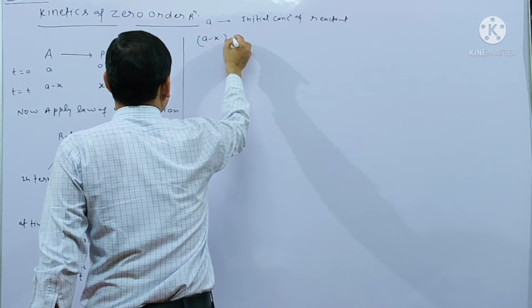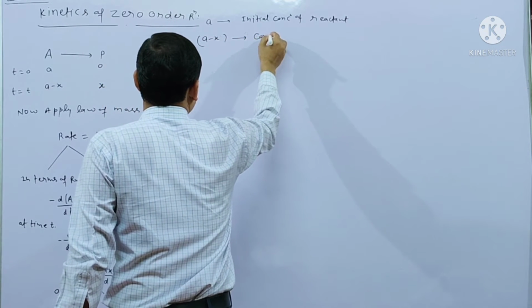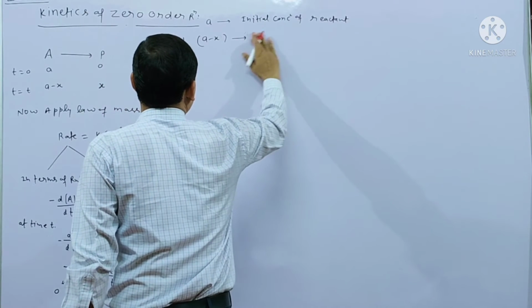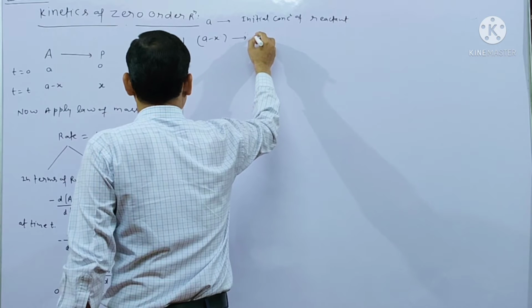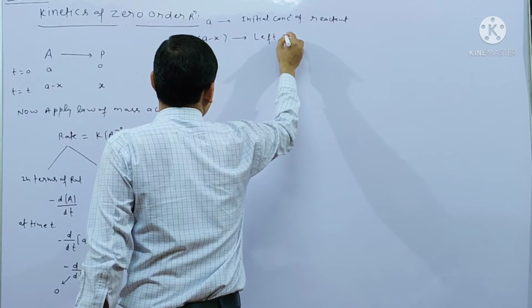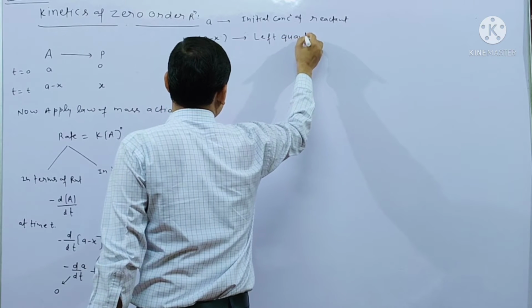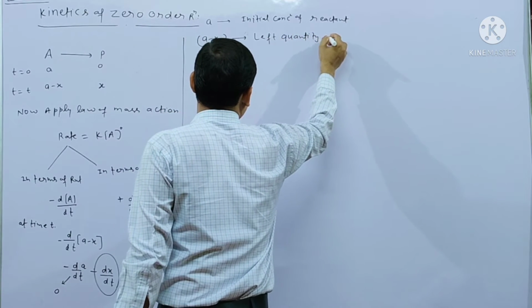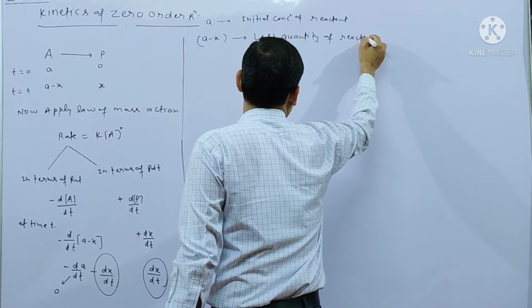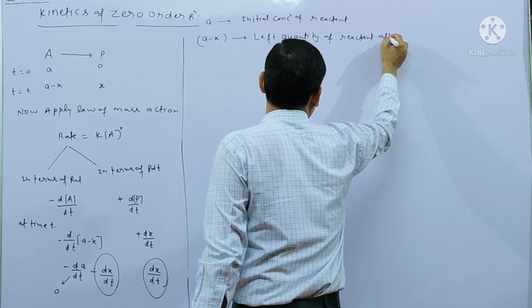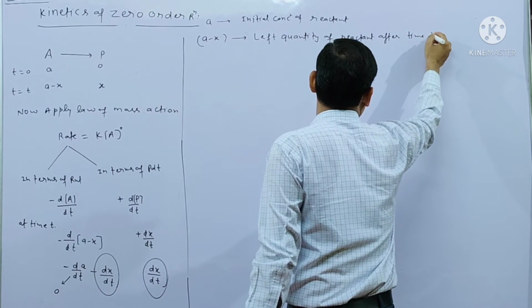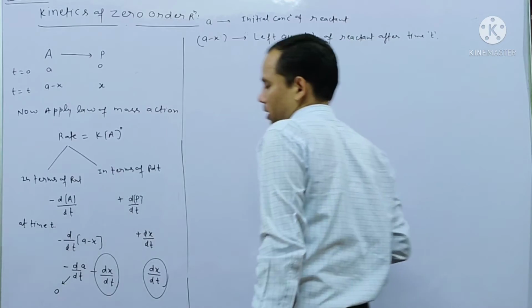A minus x is the concentration, or simply the quantity, of reactant left after time t.